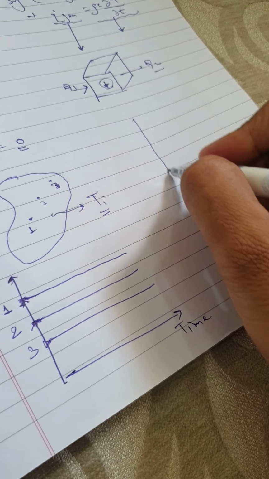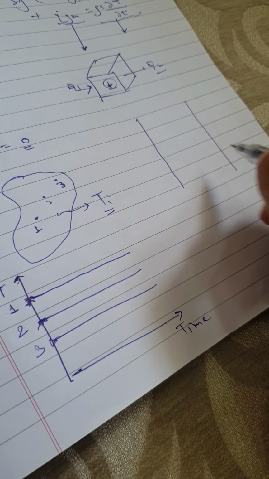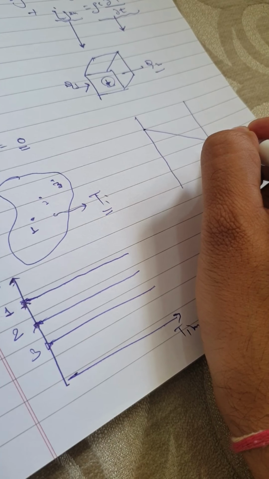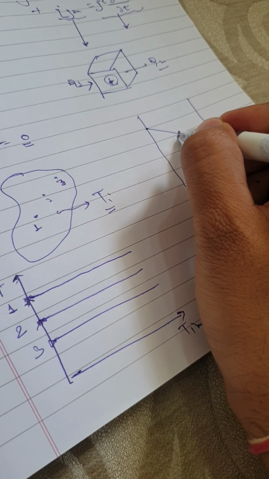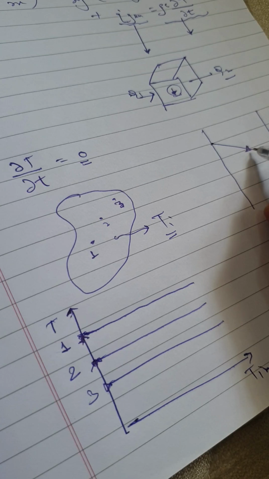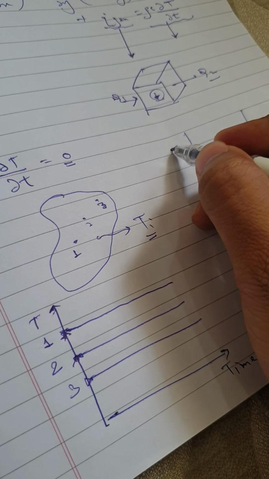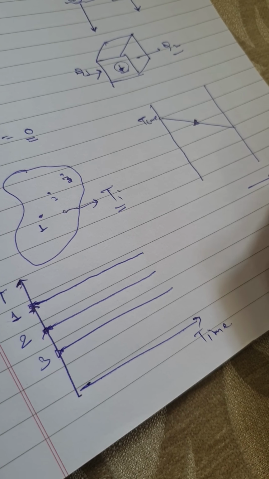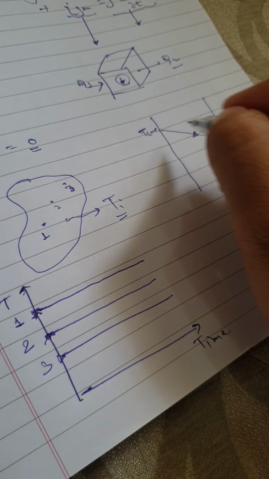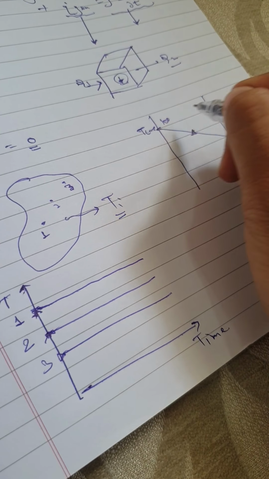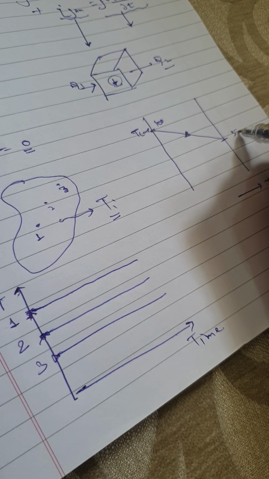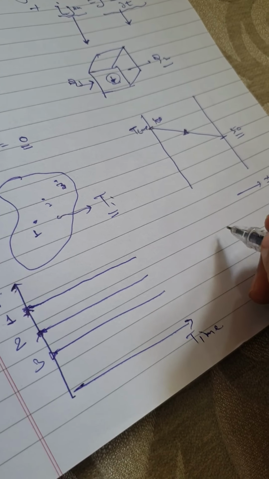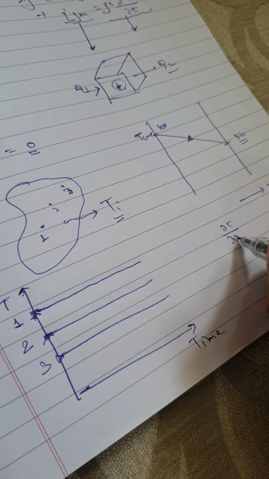So in your plane wall question, when you draw this for different points inside the plane wall, this is temperature and it is with respect to x. So if it is 100 degrees Celsius air and this is 50, this temperature is going to vary.